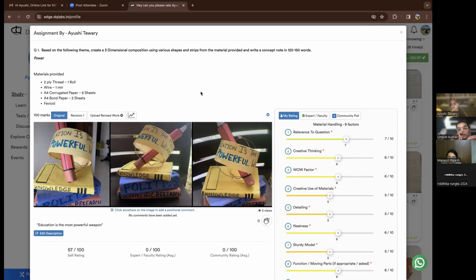When I hear the term knowledge is power, I always remember the quote that a pen is mightier than a sword. I was just thinking we could have compared the two in a way. Yes, that is good. In fact, when I saw this model, what came to my mind was pen is mightier.